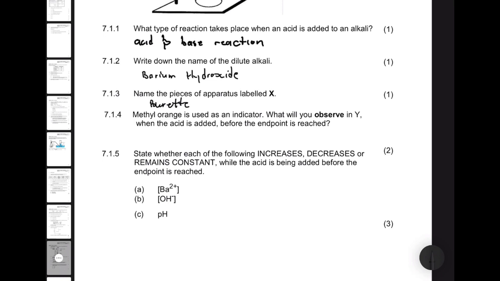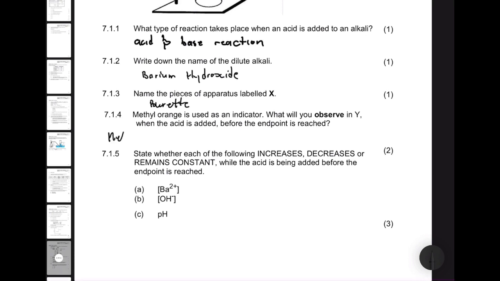So what we observe before the endpoint is reached is that the methyl orange turns yellow, and then as we add more acid, it will gradually turn orange as we reach a pH of around 7. And then if you keep on adding more acid, and the solution becomes acidic, the methyl orange will turn red.